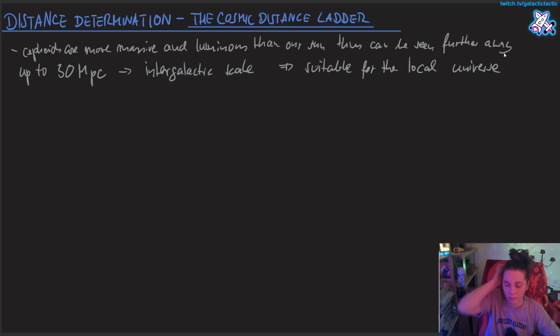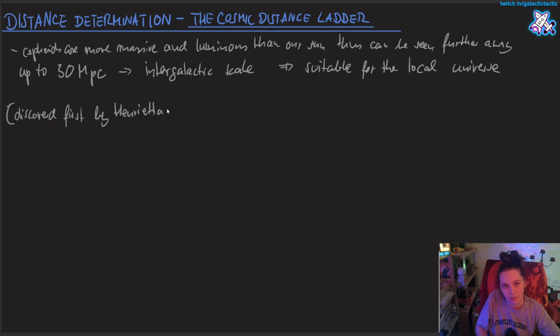Historically, I want to tell you this because it's so rare that you can credit a woman in the history of science, because, well, they weren't allowed to do much, right? So this was discovered first by Henrietta Leavitt.